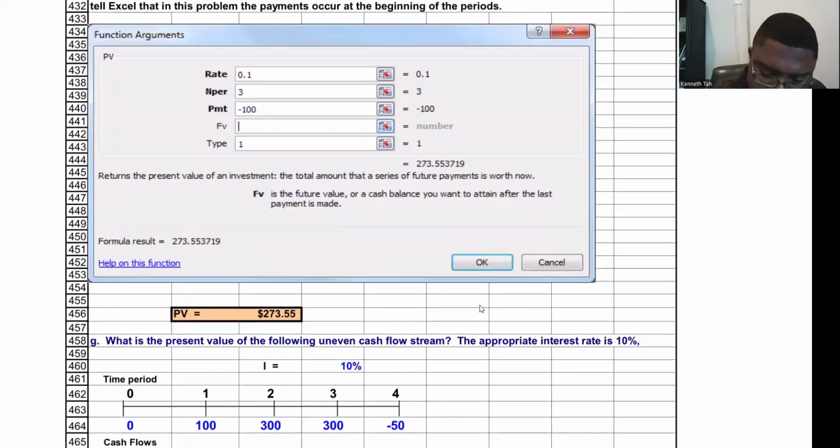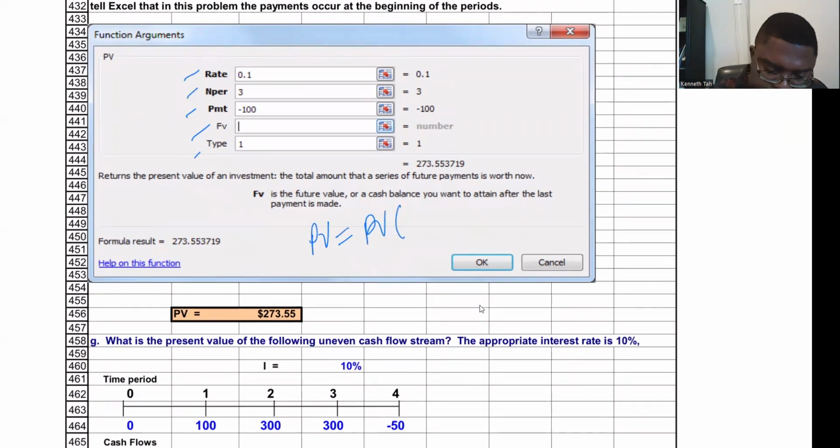If we want to do it on a spreadsheet, we take equal present value. It is going to ask us for rate, number of periods, payment, future value, type. Our type is going to be 1 so that the computer recognizes that this computation is for an annuity due. Future value is 0, we don't have any future value.